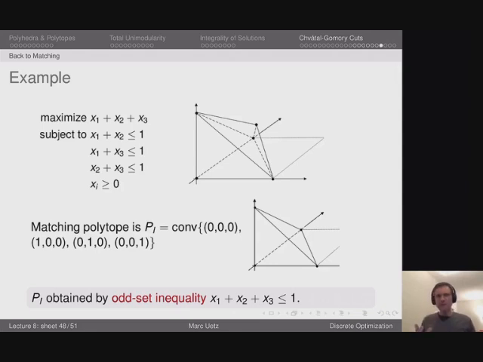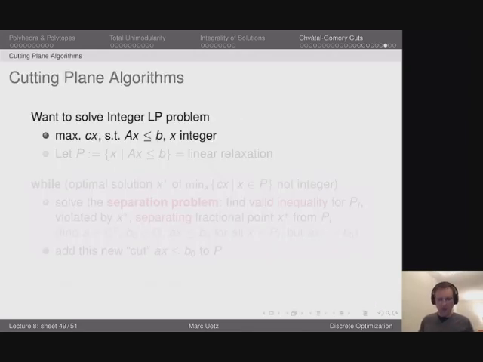So per se, this doesn't give an efficient procedure for solving combinatorial optimization problems, but it gives rise to another idea. I do not have to add all these Schwarz-Montgomery cuts.